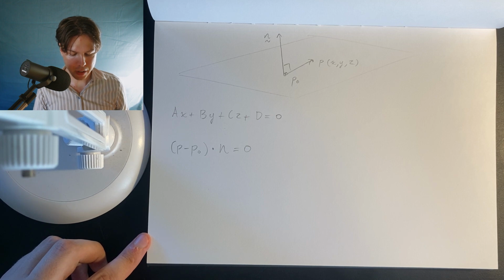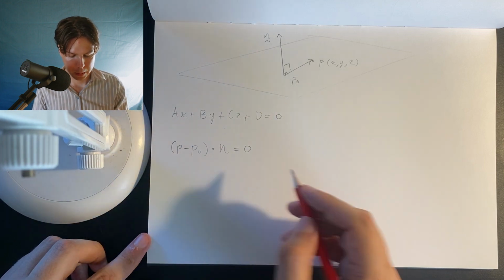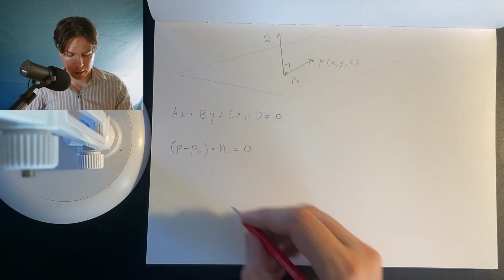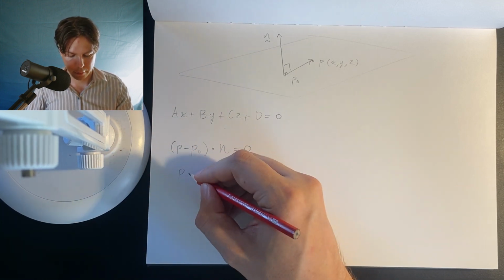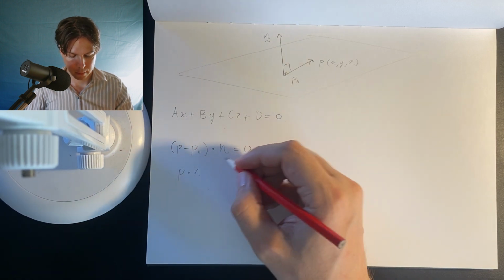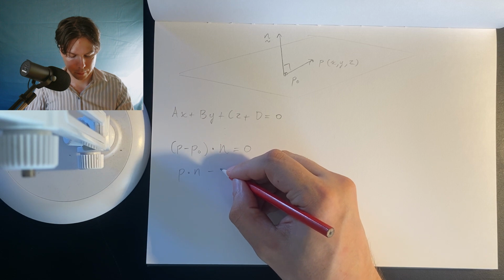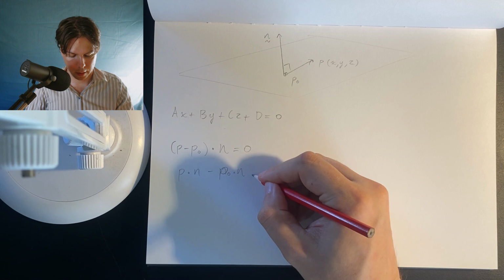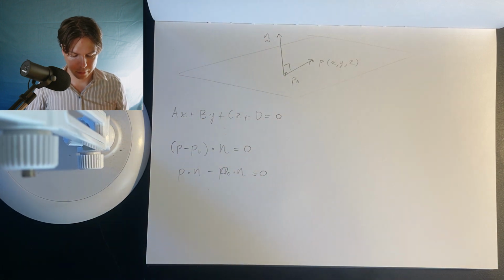So if we were to rewrite this, because the dot product is a linear operator, this splits out into P dot n minus P naught dot n. Comes out to 0.